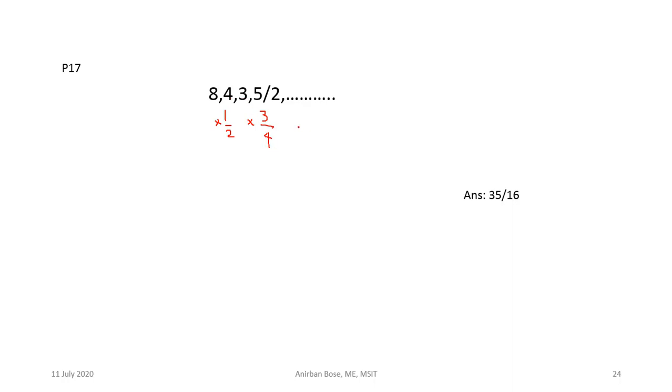That is 5 by 6. Okay, then what is the relationship? You can see here the multiplying factors, if you look carefully, are like 1, 2, 3, 4, 5, 6, then definitely next it will be 7 by 8. So the multiplying factor will be 7 by 8. So 5 by 2 into 7 by 8 is nothing but 35 by 16. So that is the answer. Okay.